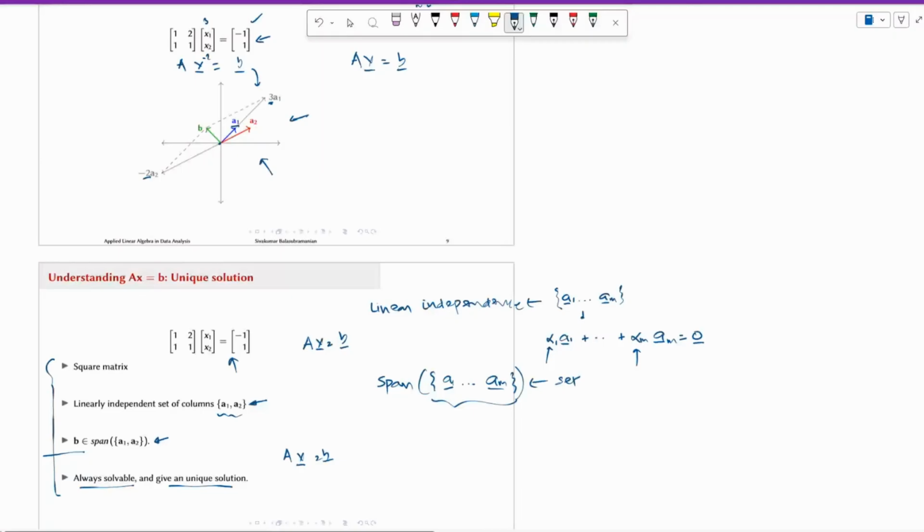Here you have a condition of two vectors A1 and A2, which form a linearly independent set. That means you should be able to generate any vector in R2, which means any vector you choose in R2 must be in the span of the set A1, A2. Right? So you have a linearly independent set, and you have B, which is in the span of A1 and A2. So that's why this particular system of equations has a unique solution.